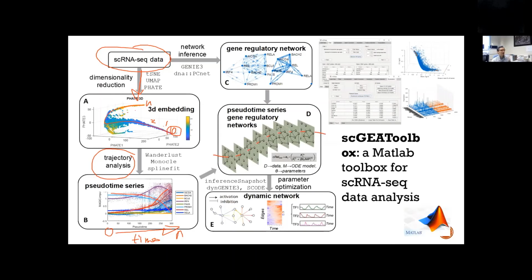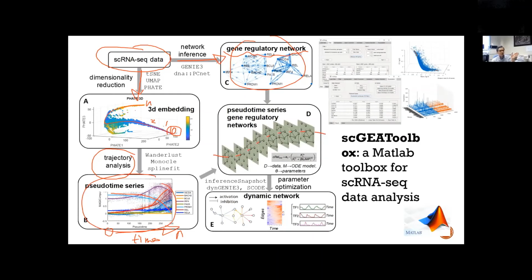We can move further to create a so-called gene regulatory network to study the relationship between individual genes among cell populations. So combine this network analysis with the pseudo-time.